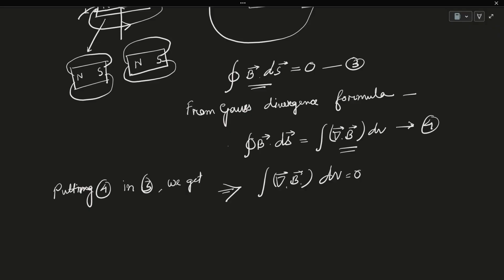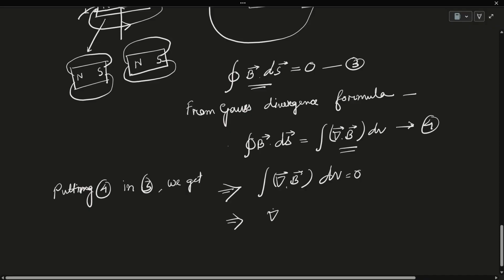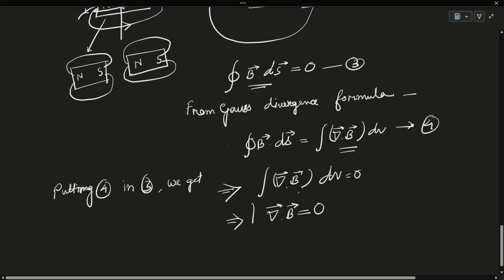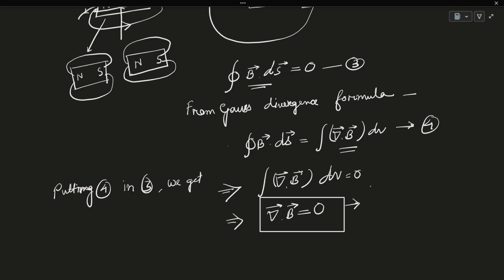Again, the same thing, the integration value is 0 independent of the volume enclosed. So I can write divergence of B is 0. This is the Gauss law in magnetostatics, and this is the differential form.